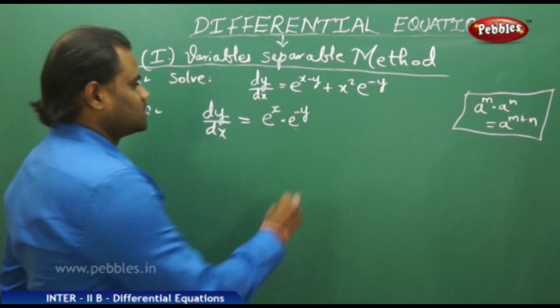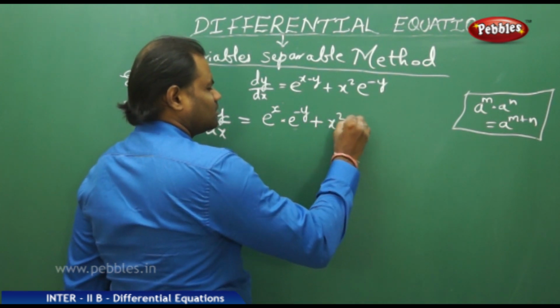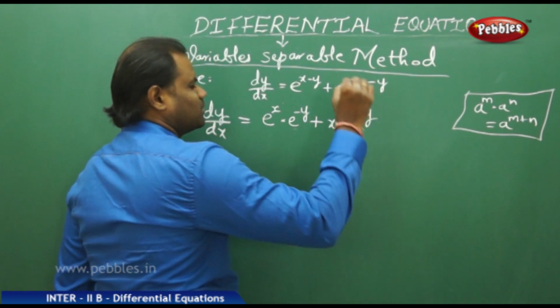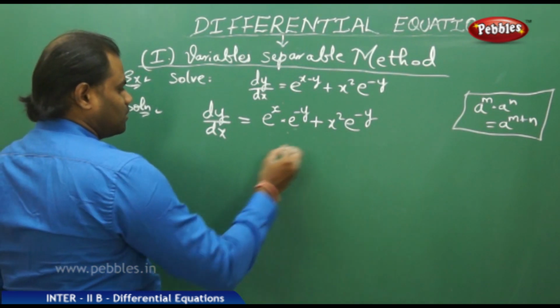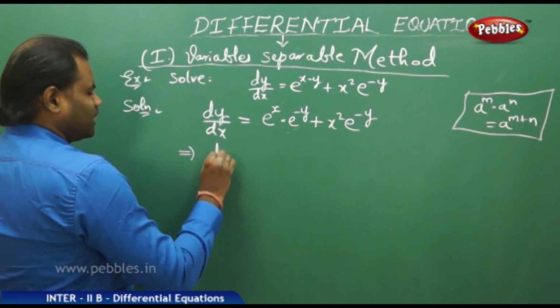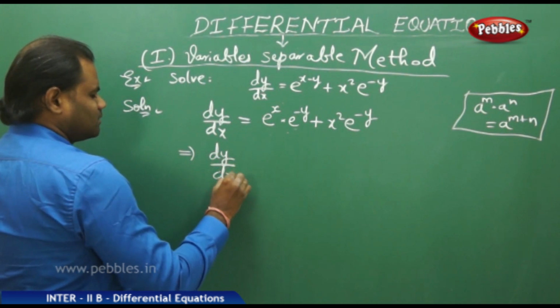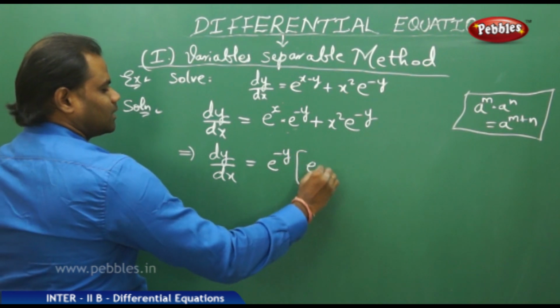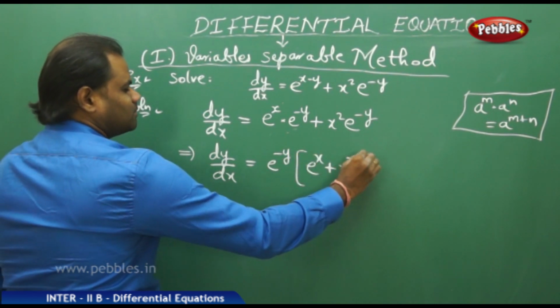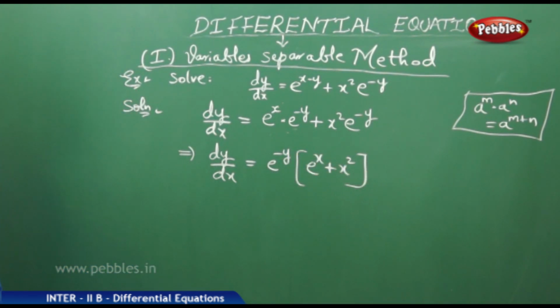So separating this and writing this in the form x squared in this. Next, I can take e power minus y common, where I get dy by dx equals e power minus y, which is common, and I get e power x plus x squared inside.